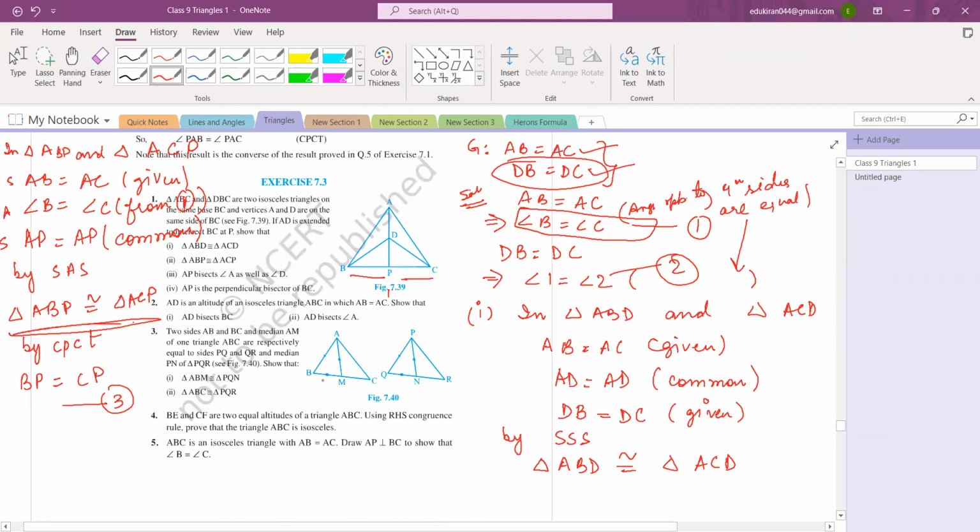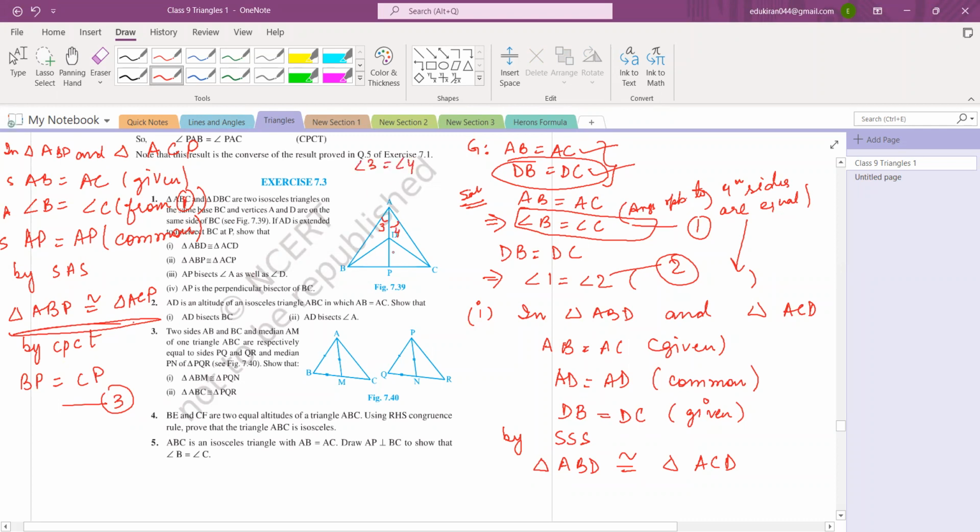Okay. Let's move to the third part. So what does it say? That AP bisects angle A as well as angle D. Okay, let me clear the figure and then I'll explain what it means. So it says that AP bisects angle A. So this was my angle 3 and this was my angle 4. So basically I have to show that angle 3 is equal to angle 4, right?